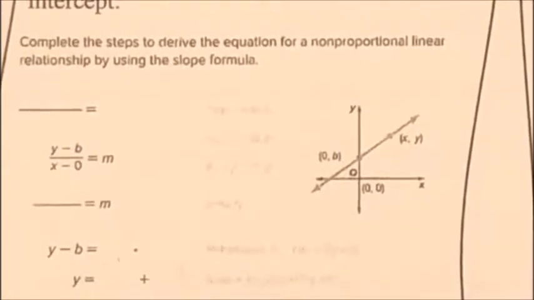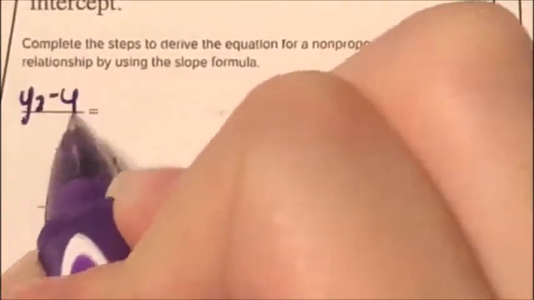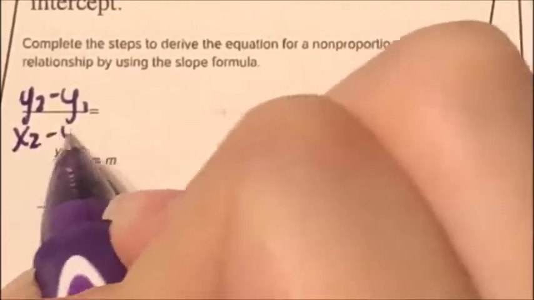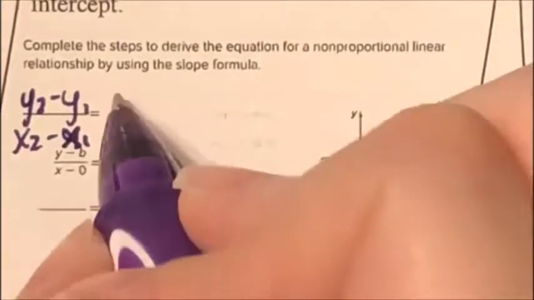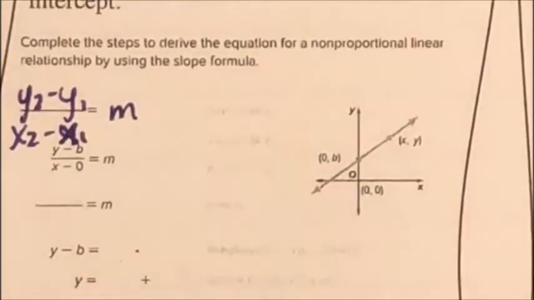to derive the equation for a non-proportional linear relationship by using the slope formula. Okay. So in order to figure out what my slope is, I'm going to use y2 minus y1 over x2 minus x1. And that equals m, my slope.